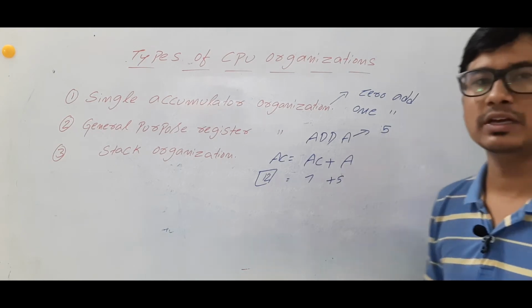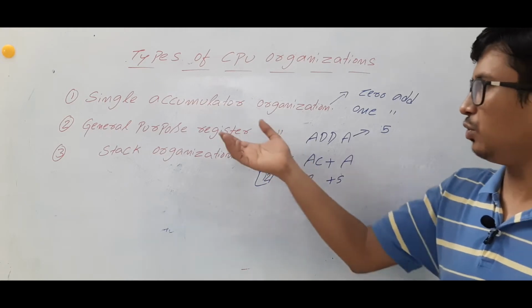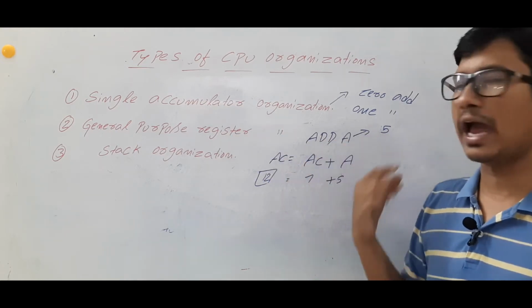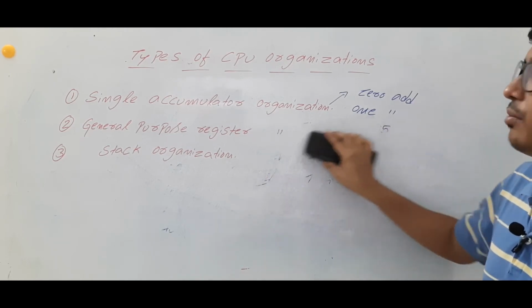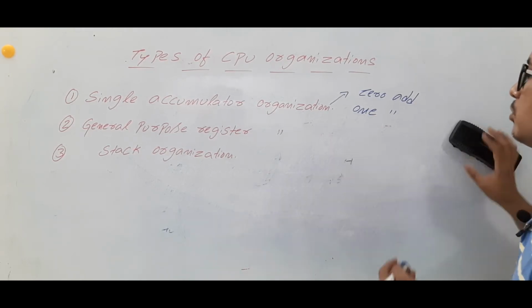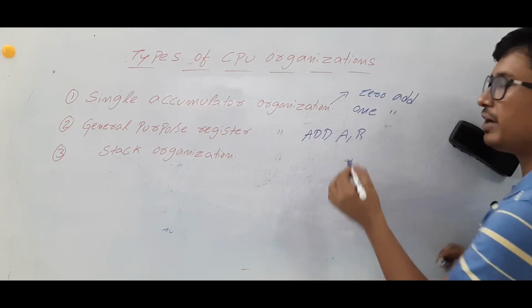Then you can ask me, sir, how can I execute two address instructions? Is it only that I can perform add A? If I want to perform add A comma B, meaning a two address instruction, what is the meaning of add A comma B?